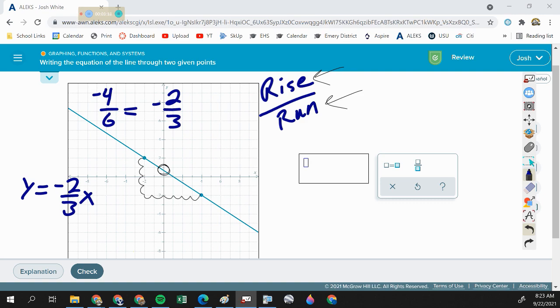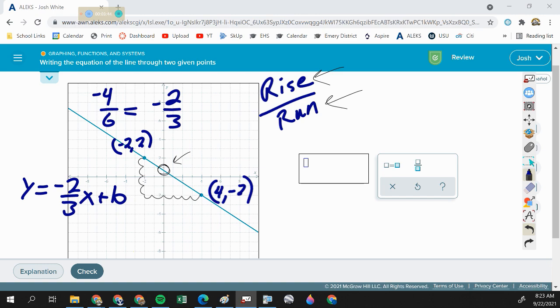Good. I don't know what the y-intercept is. It looks like maybe 2/3 or 3/4, but if you guess, you're probably going to get it wrong. So we need to figure out exactly where that is, and we can't look at the graph to figure it out. But I do know 2 points. I know the point (-2, 2) and the point (4, -2).